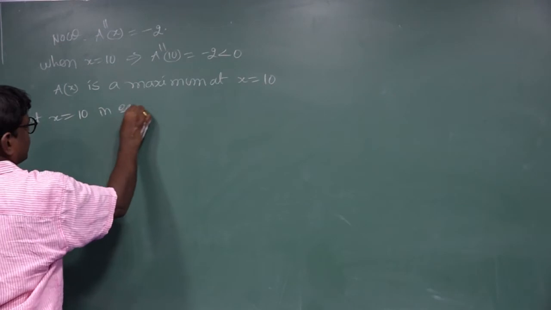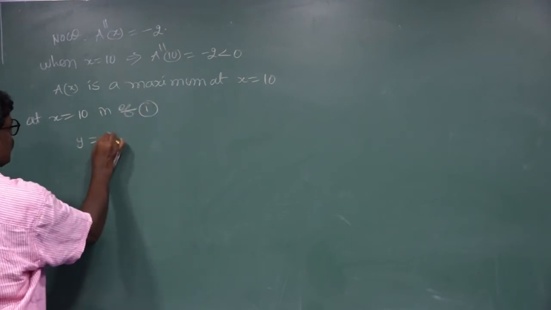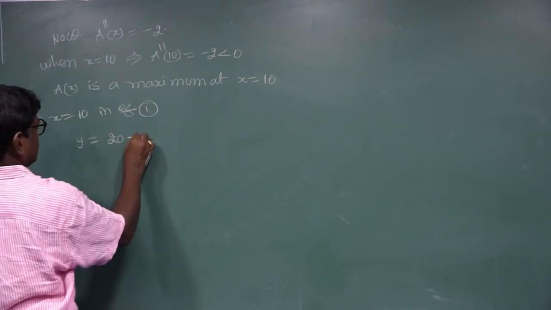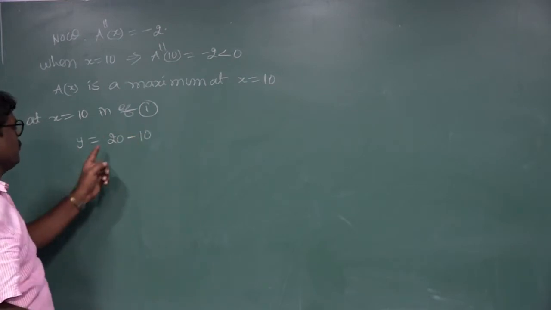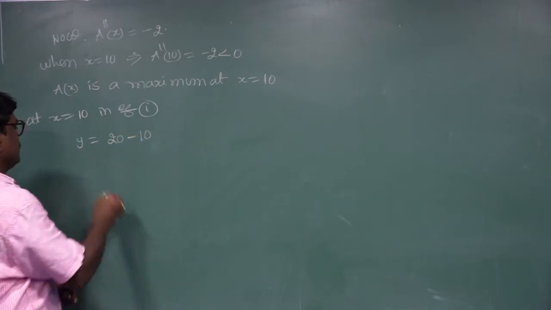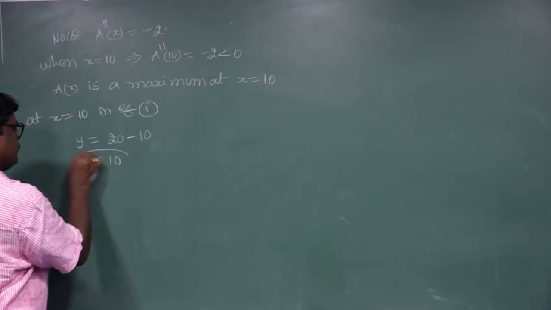From equation 1, y is equal to 20 minus x, so y is equal to 20 minus 10, y is equal to 10.